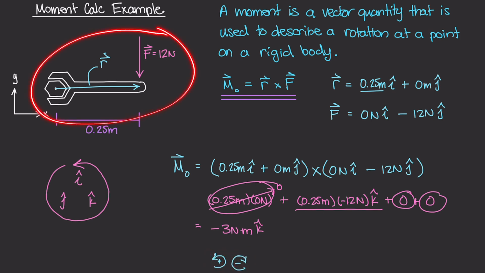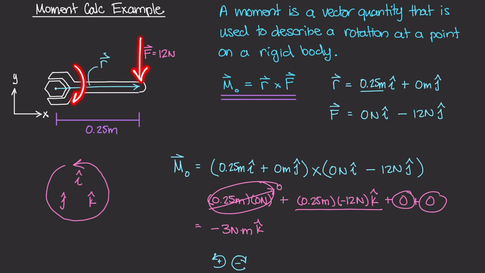If we look back at this diagram, you can see that the force is going down, so it's causing this wrench to turn this way, and that aligns with this notation, and so we can be sure that this answer is correct. Oh, and one more note. Because this is a negative 3 Newton meters acting along the k-axis, remember k is acting along the z-axis, and because this is negative, we know that the moment is actually going into the page.